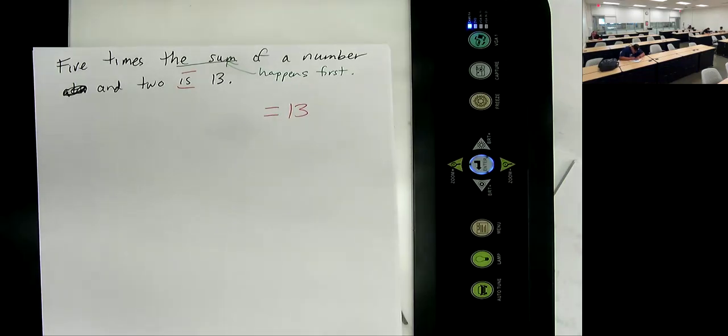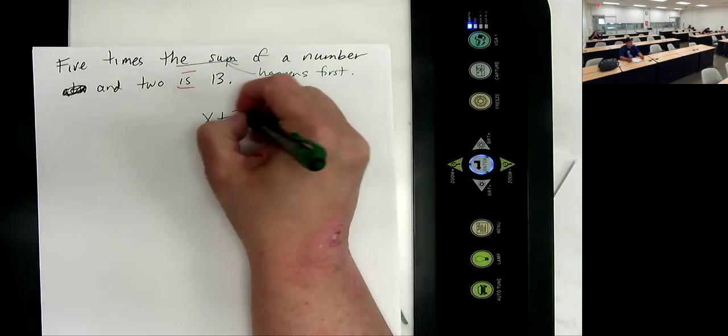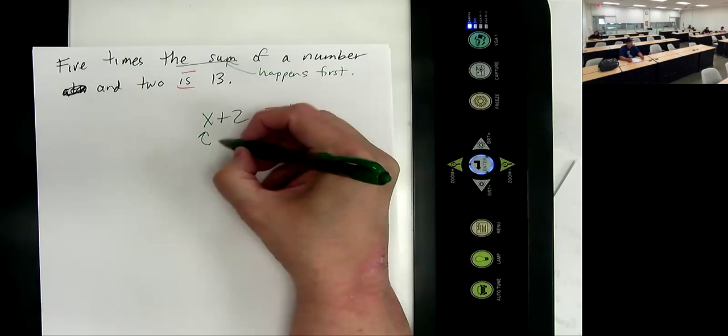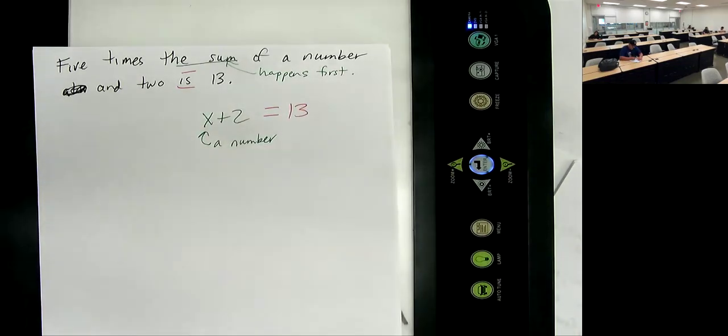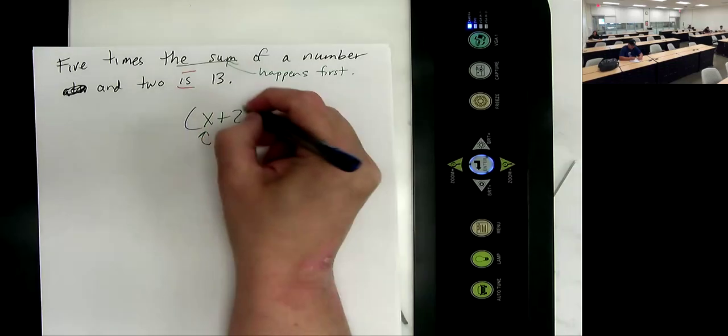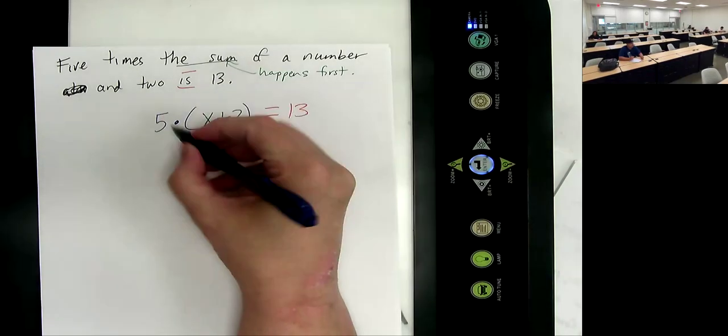They don't tell us what the number is. So we gotta give it a variable. So we could say x plus 2. This is a number, we don't know what it is, but it will be a number. And then we want 5 times it, but we don't know what the number is, so we can't add it yet. So we're gonna put it in parentheses. And then we'll do 5 times. And that'll be our multiply.